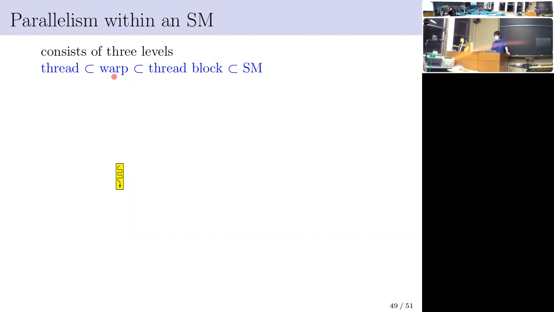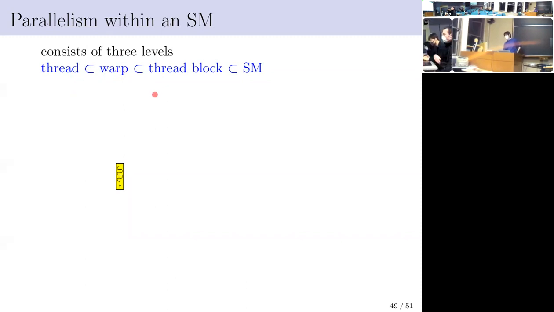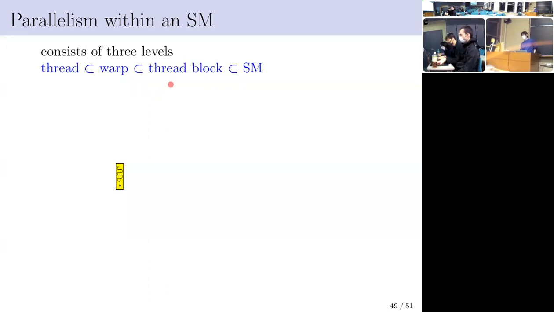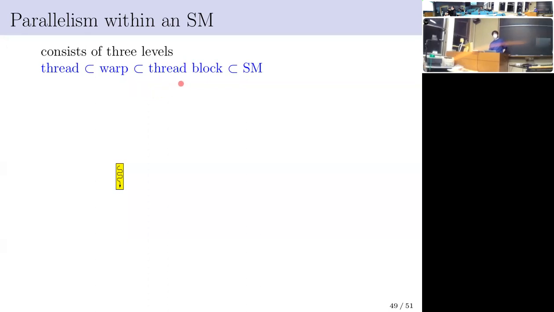And the next level is something called a warp, which I have never talked about in the slides, but it's actually a pretty important concept. I'll come to this later. And yet another level above this warp is the thread block, which I have been talking about so many times.